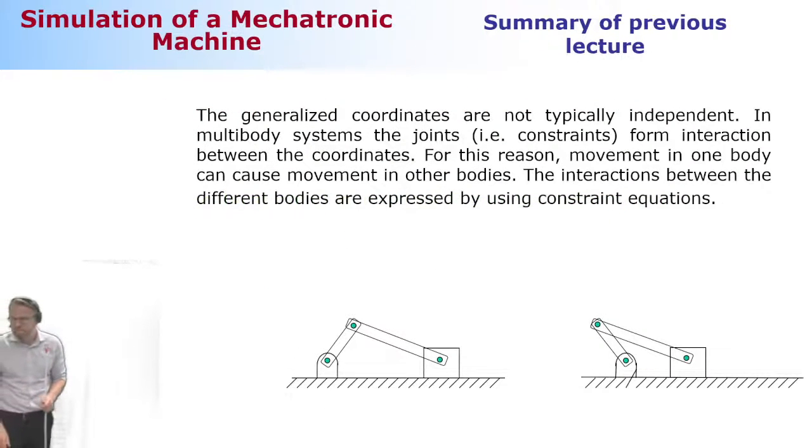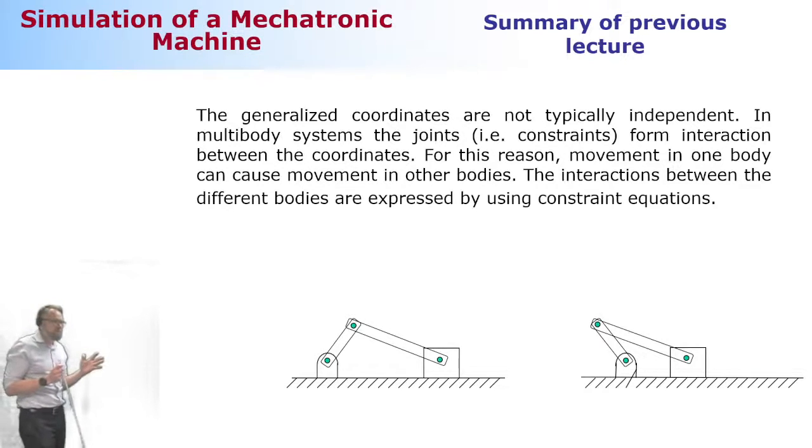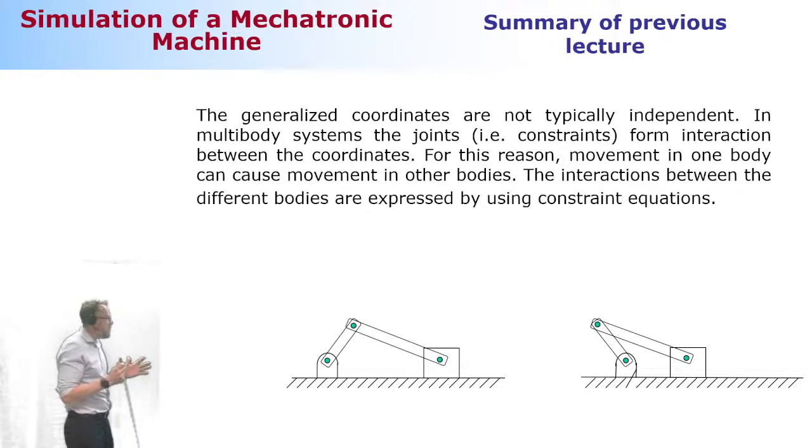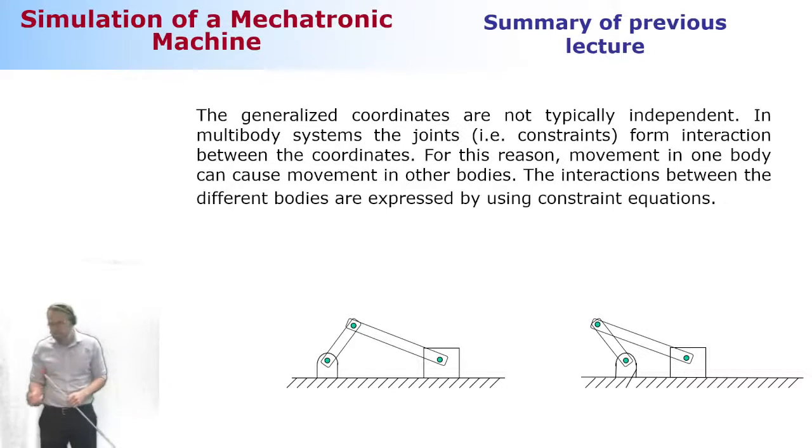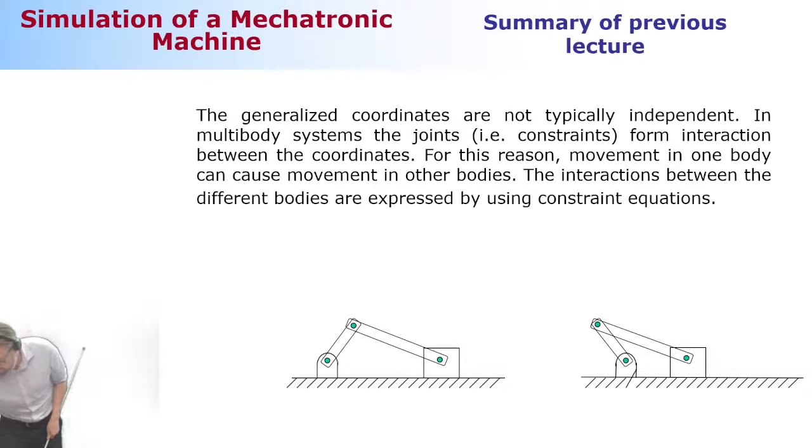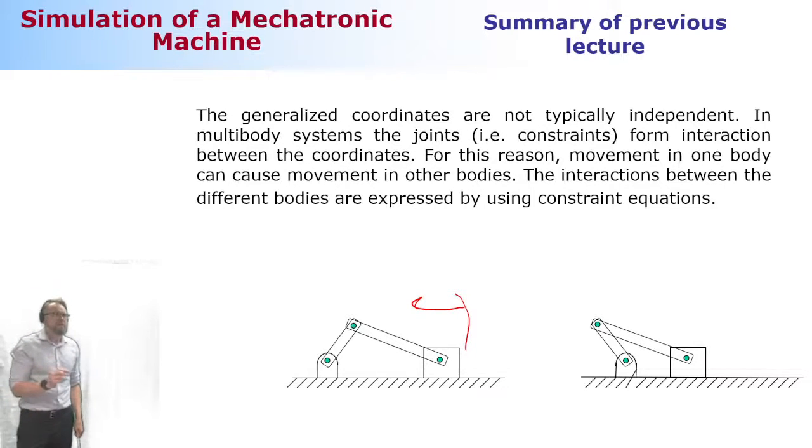All right. Then something extremely important was the constraint. The constraint makes the mechanism move in a certain way. Like I said, constraints limit the motion possibilities. That's where they become extremely important, like in a crankshaft. If I take hold of the piston body here and move it to the left, the neighboring bodies, which are the connecting rod and the crank itself, have to follow the motion in a certain way.